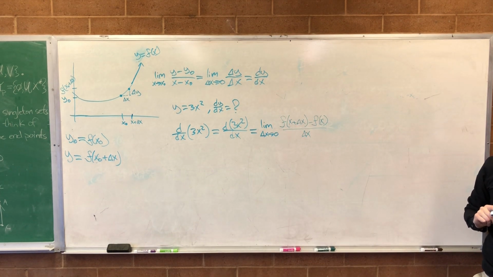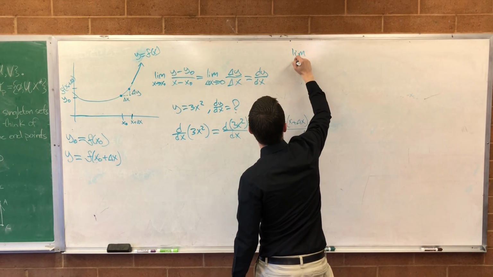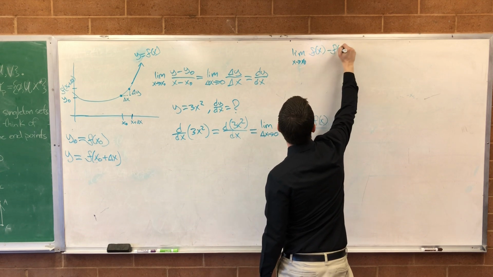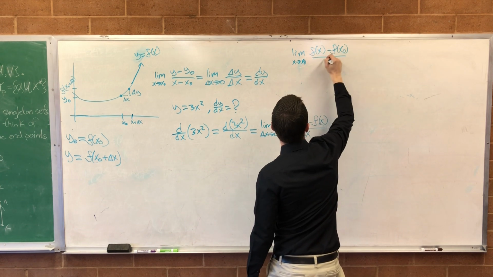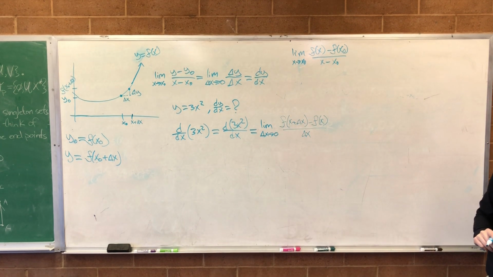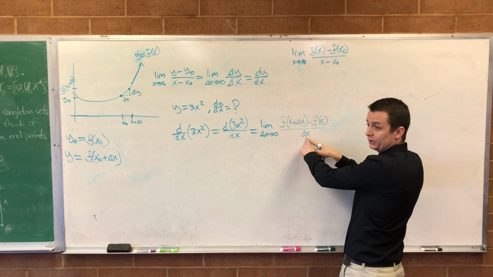With me? That's just using the exact definition. You're used to this definition, the limit as x approaches x naught of f of x minus f of x naught all over x minus x naught. This is the exact same thing, where delta x here is equal to x minus x naught.